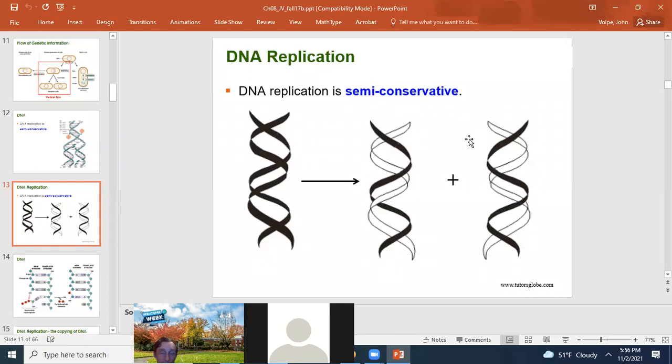The conservative model of replication was that one daughter cell would get both of the original strands of DNA from the parent cell, and the other daughter cell would get two newly replicated strands. The liberal model, I have no idea what that was, okay? All right, any questions about any of that?